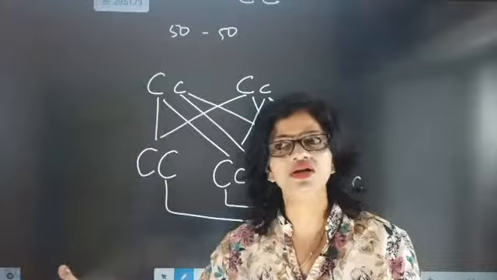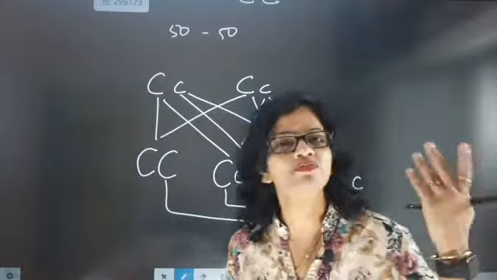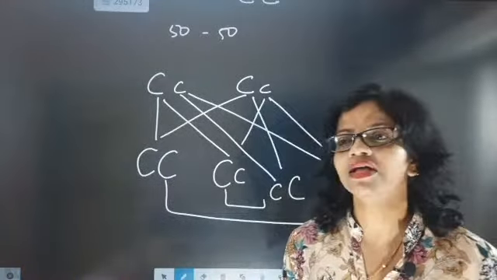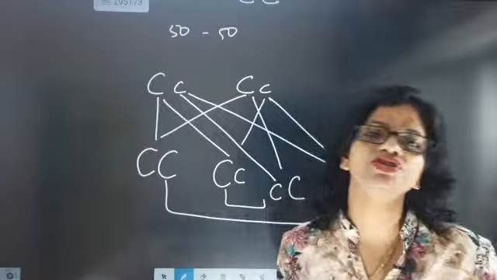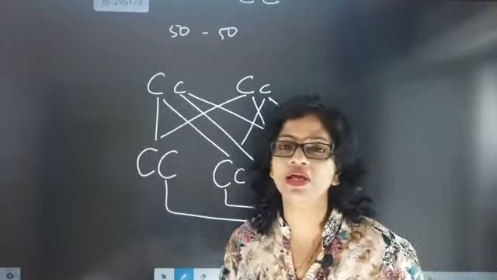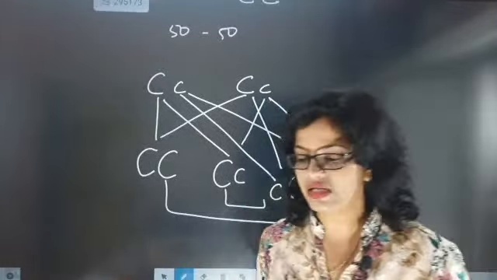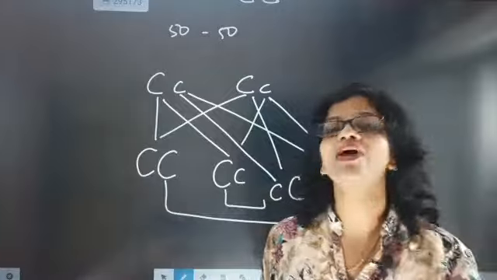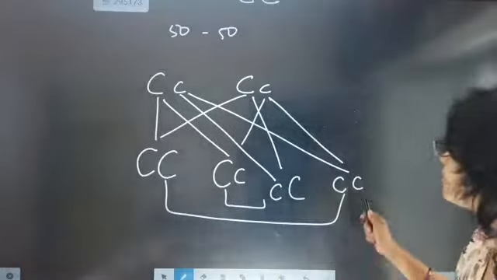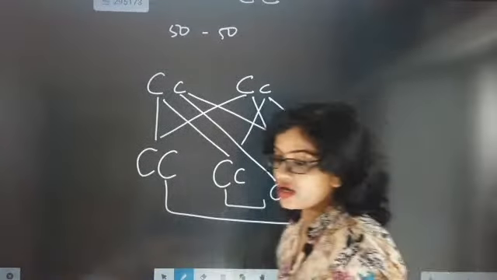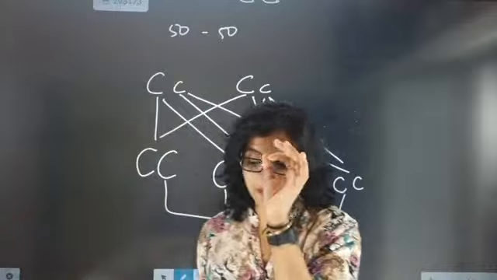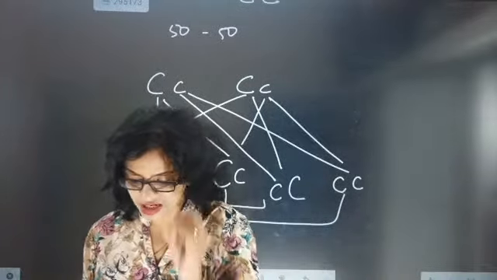So if my father's trait is heterozygous and my mother's trait is heterozygous, then there is a 75% chance my hair will be curly, and a 25% chance my hair will be straight. Did you understand the basic part of it?